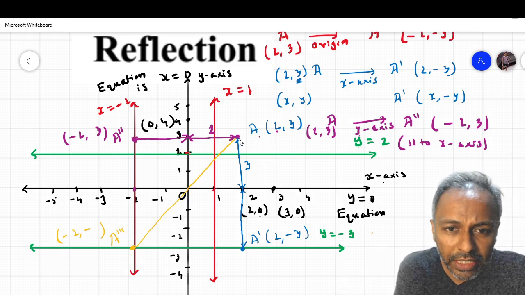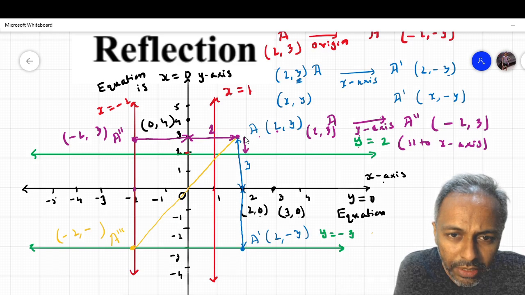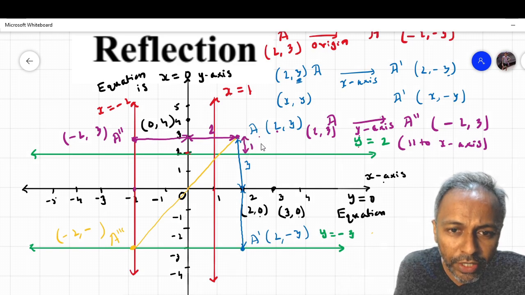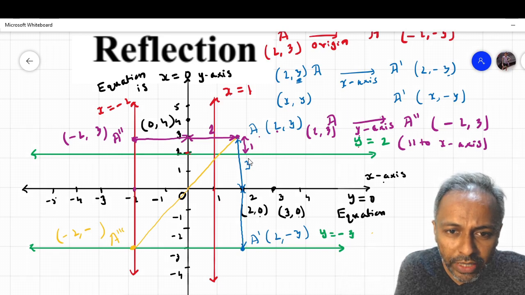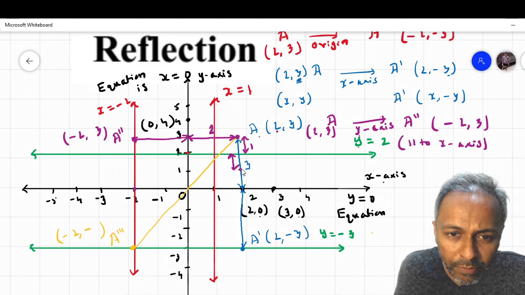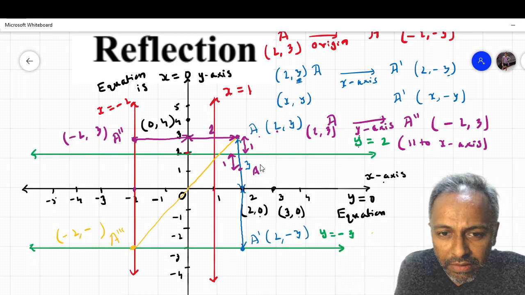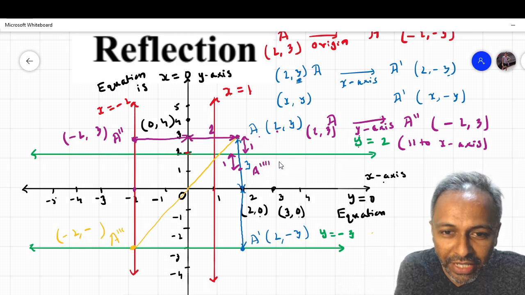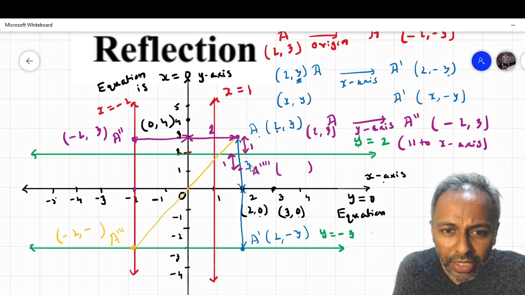So if this point is reflected only about this green line, then we can notice that this point A is at a height of 1 unit from the green line y equal to 2. So if it is going to get reflected in this green line, then it is going to follow the same vertical path, but it is going to come only 1 unit downwards. So this point, say A4 dashes I am writing, is going to be given by one coordinate down.